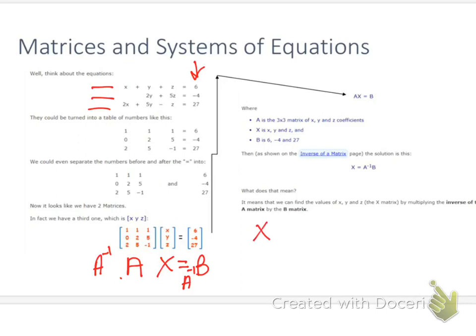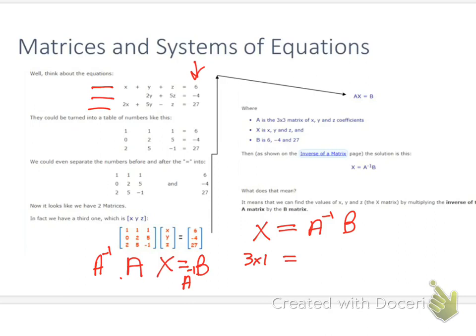But if I do X equals A to the negative 1 times B, look what I'm getting. My X will be a 3 by 1 matrix. My A to the negative 1, which is my inverse matrix, I get by taking the inverse of the A matrix, and there's a whole procedure for that.